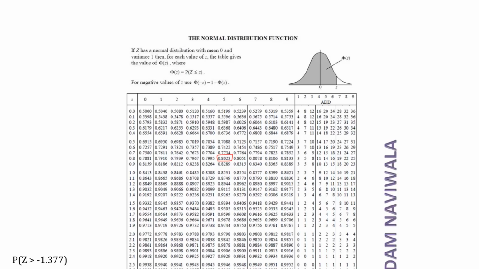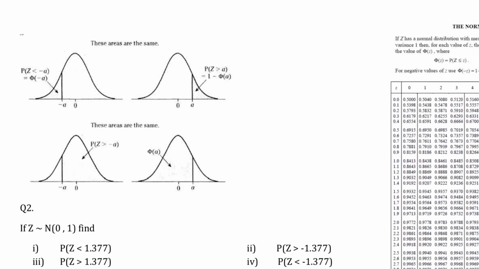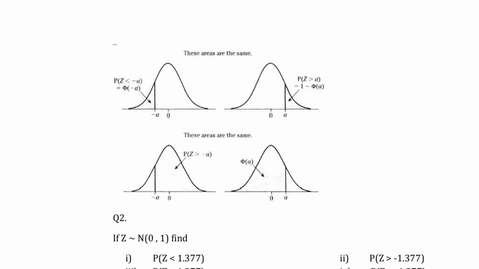So guys, now you will notice that the table starts at z equals 0 and gives probabilities for positive values of z. But when z is negative, you need to use the fact that the normal curve is symmetrical. So let's say I need to find the probability of z less than minus a.